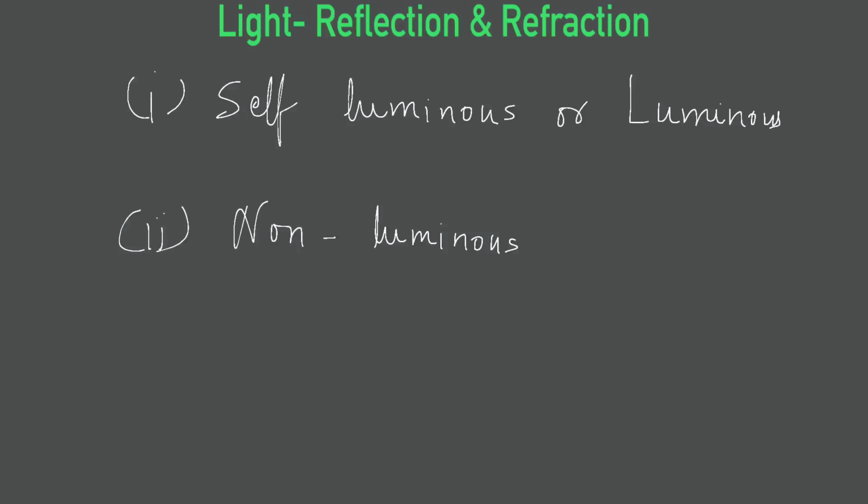A self-luminous or luminous source of light is one which possesses light of its own. For example, the sun, the stars, candles. Whereas non-luminous objects are those objects which do not possess light of their own.